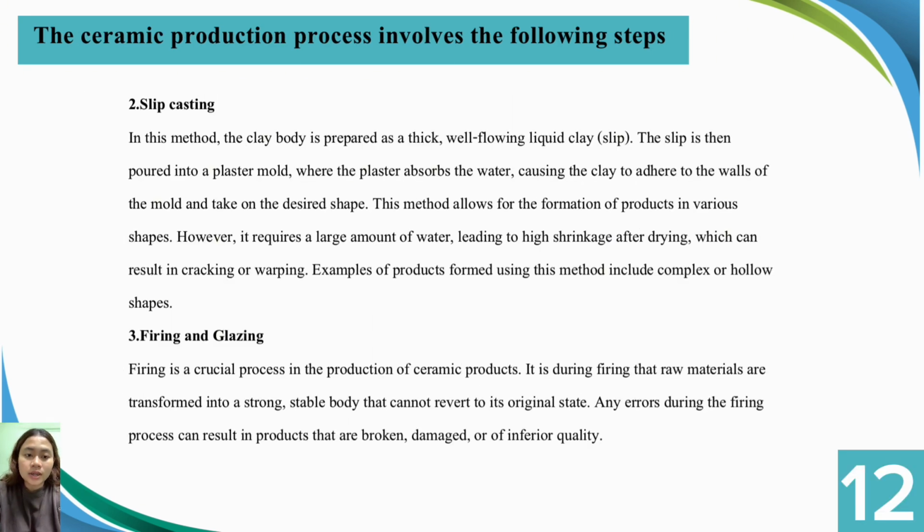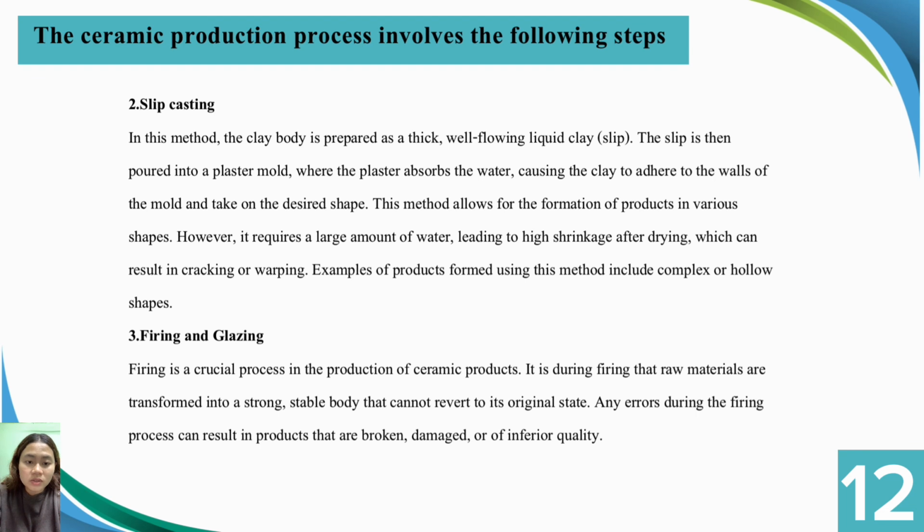Number 2, slip casting. In this method, the clay body is prepared as a thick, well-flowing liquid clay. The slip is then poured into a plaster mold where the plaster absorbs the water, causing the clay to adhere to the walls of the mold and take on the desired shapes.